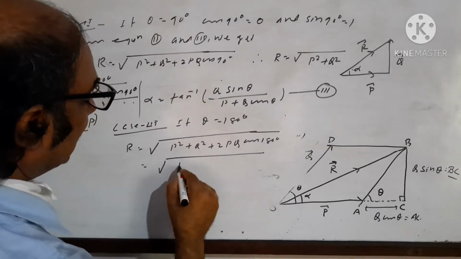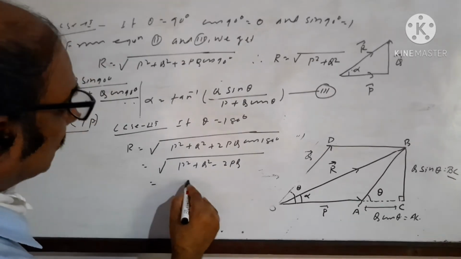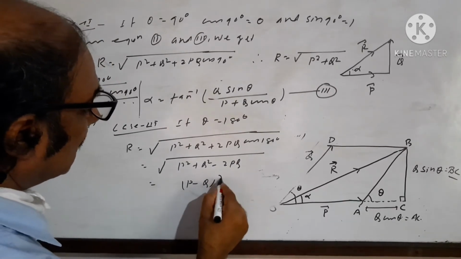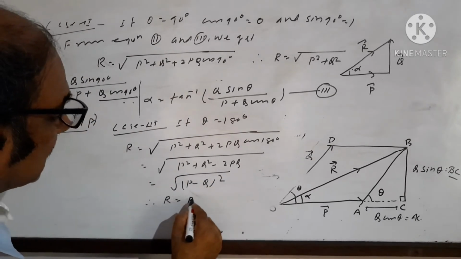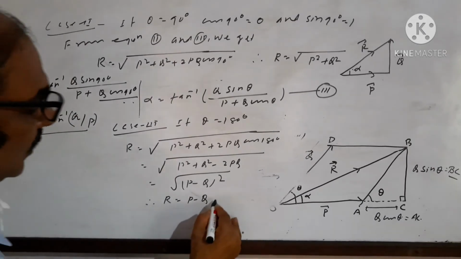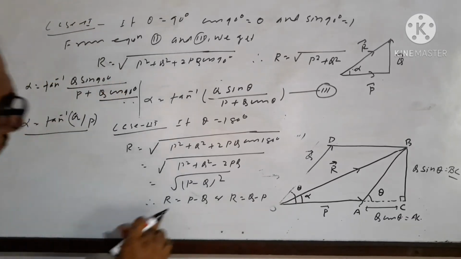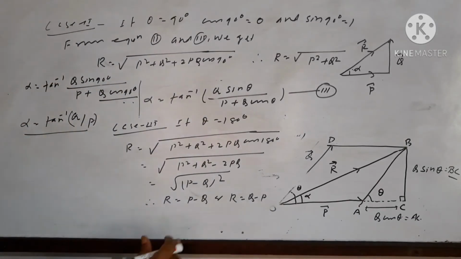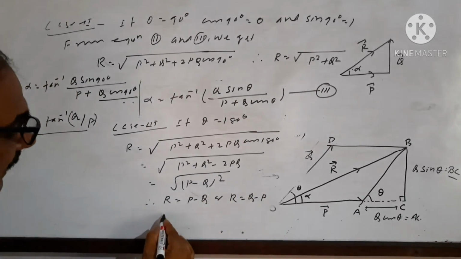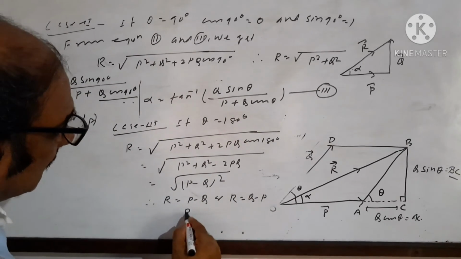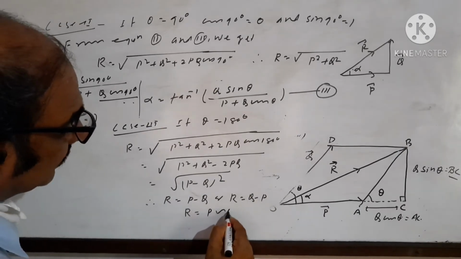So here P square plus Q square minus 2PQ. This is simply under root of P minus Q whole square, and therefore R equal to P minus Q, or also R equal to Q minus P. If P is the greater magnitude, then R is equal to P minus Q, otherwise R is equal to Q minus P. It can also be represented by the single notation R equal to the difference of P and Q.